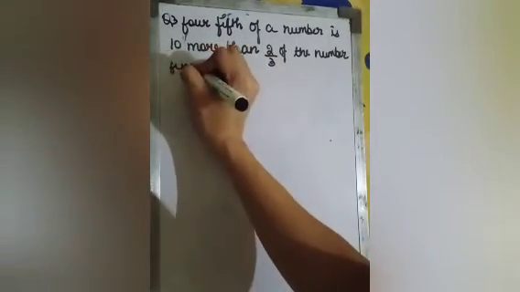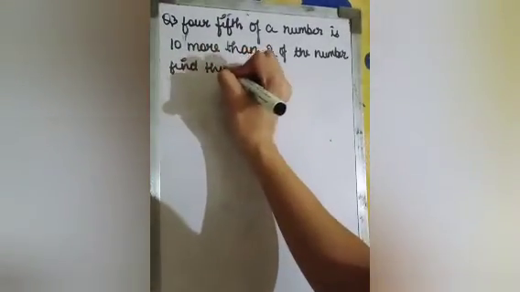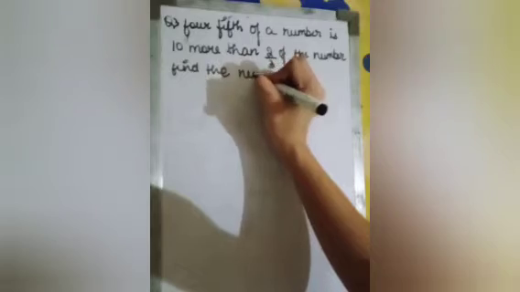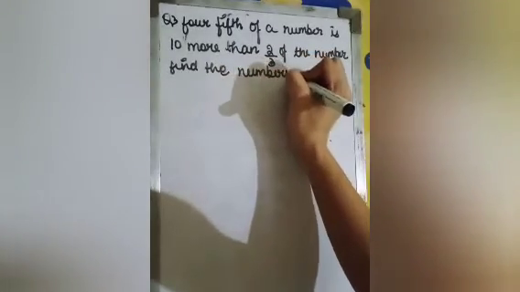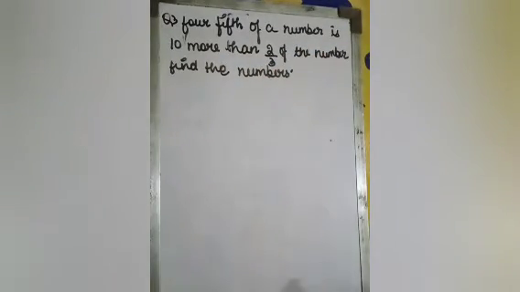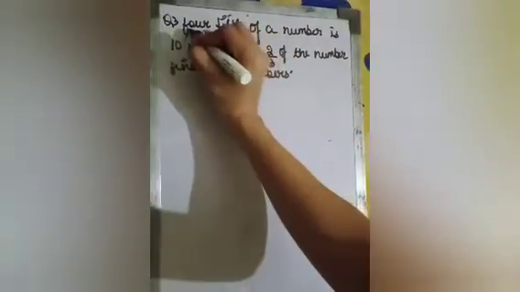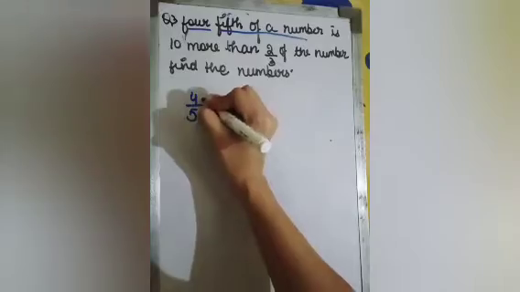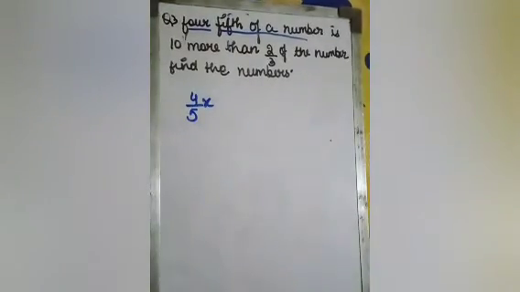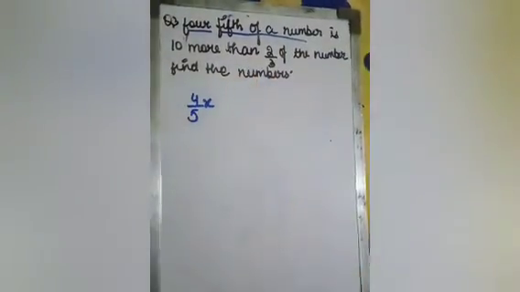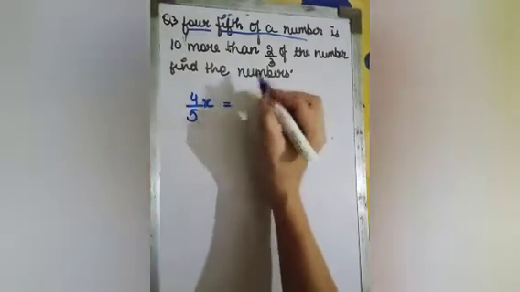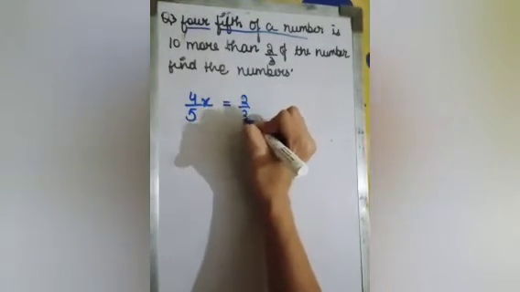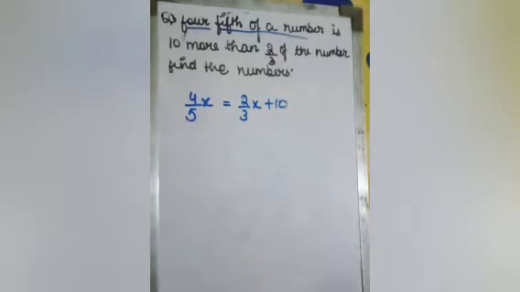Find the number. Now again read the question and form an equation. Try to form the equation. It says 4/5 of a number. 4/5 of a number means 4 upon 5th of x. Right? 4/5 of a number is 10 more than 2 upon 3 of the number. Right?